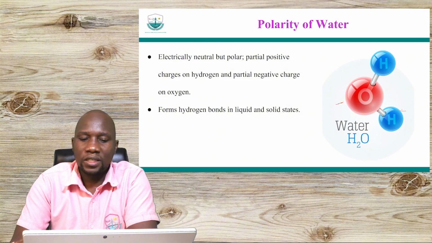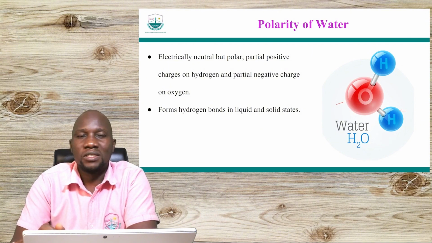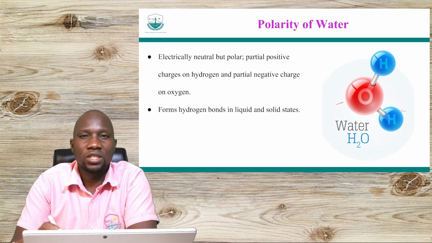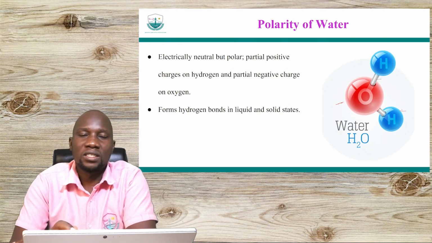Okay, so this negative and positive charge is best related to the distribution of electrons. That's why we have the oxygen and the hydrogen. The bonds that connect the oxygen to hydrogen between water molecules are what we call hydrogen bonds.